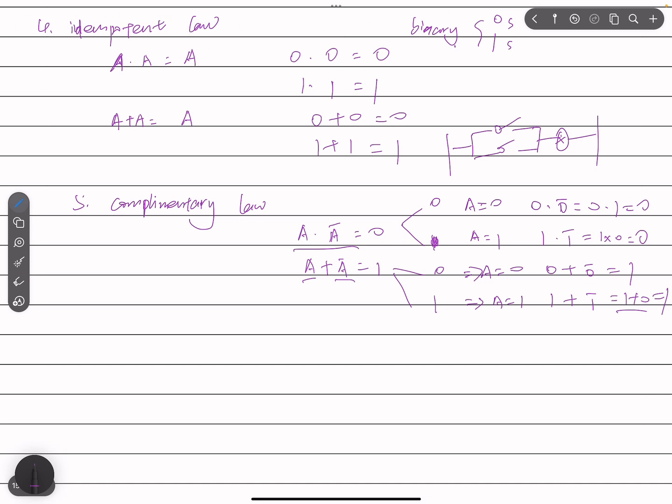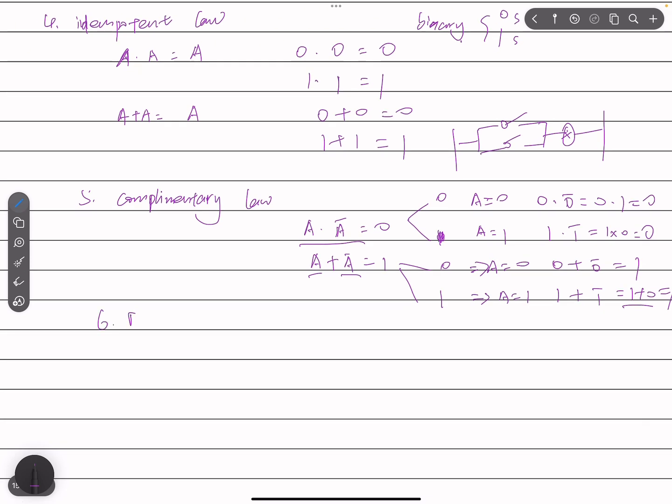We have a double negation law. Double negative, so invert twice, A double negation will equal itself. So when A equal to 0, we have 0 negated. If we do the first negation, 0 negated will be 1, and 1 negated will be 0. So it is equal to itself.